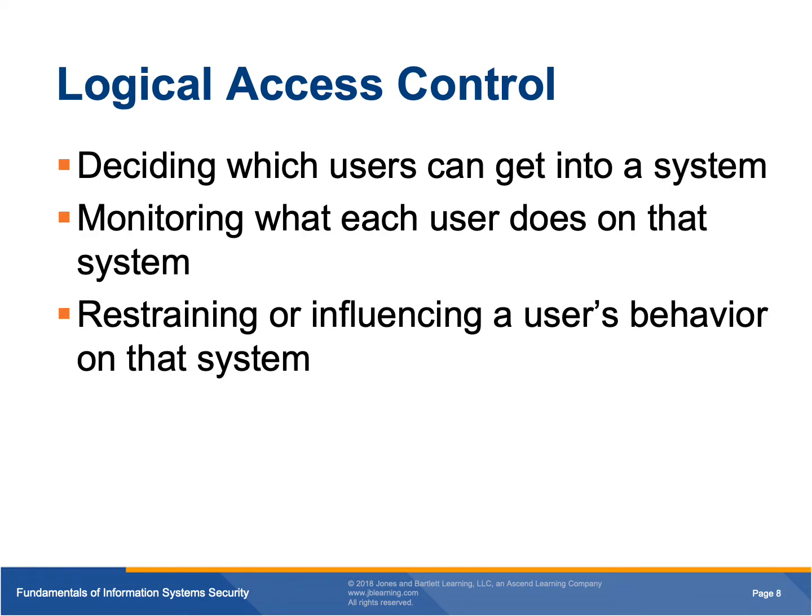The logical access controls are a mechanism for deciding who can access the different systems. We'll also be monitoring who accesses the system and what they're doing on the system. This will be useful for either restraining or influencing a user's behavior on that system.